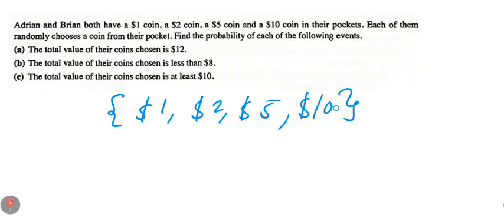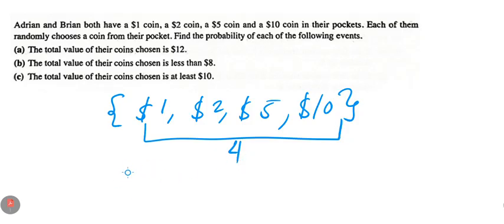Now, since they each chose one coin independently, we can calculate the total possible combinations. There are four choices for both Adrian and Brian.